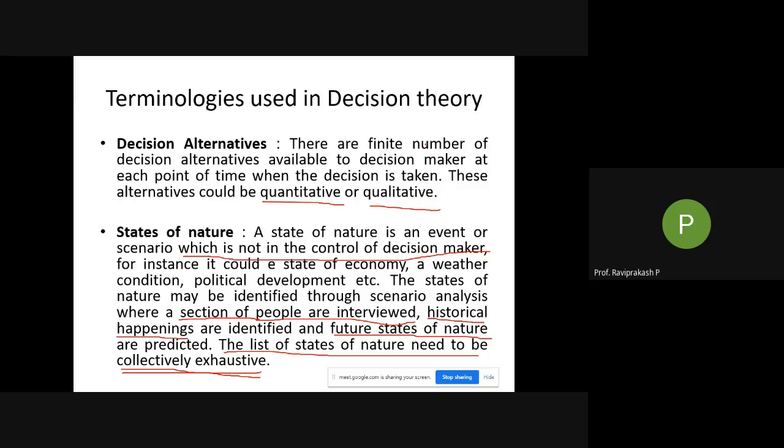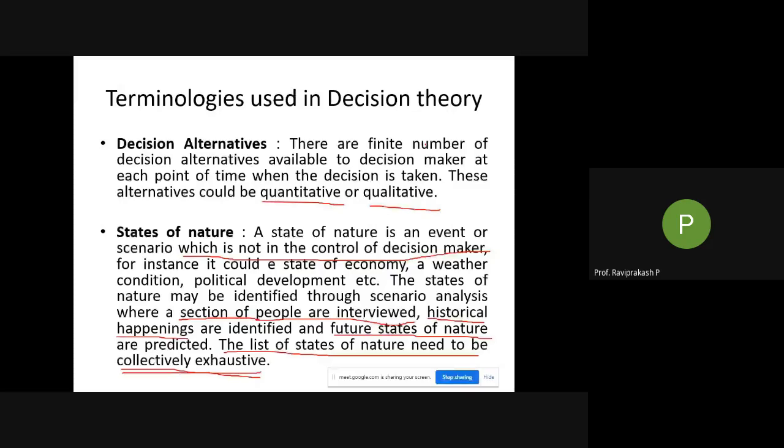So first one, decision alternatives. There are a finite number of decision alternatives available to the decision maker at each point of time when the decision is taken.